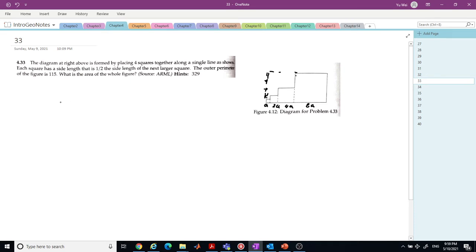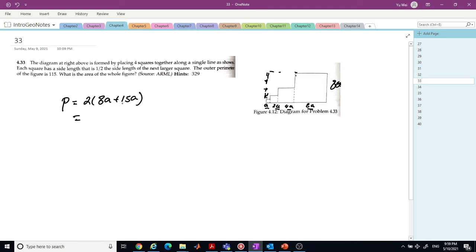So now you can see the outer perimeter is basically a rectangle: 2 times 8A plus A plus 2A, 4A, and 8A. That's 16, 16 minus A, that's 15A.